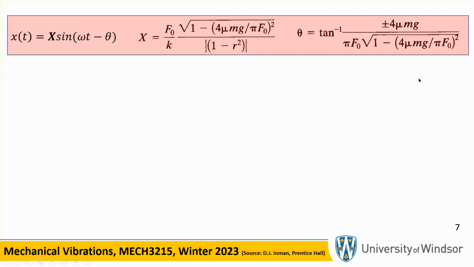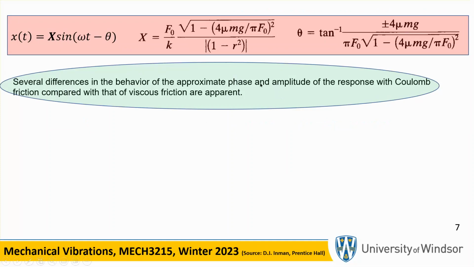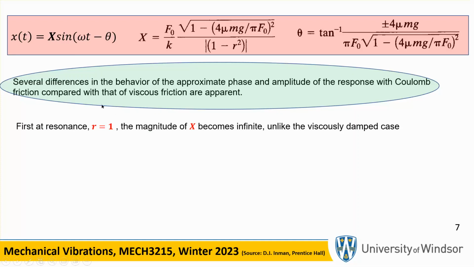This is written for your observation again one more time. There are several important differences between what we got up here in this red box and what we had when we looked at the true viscous damper. One of them is that notice that when r is 1, big X becomes infinite.